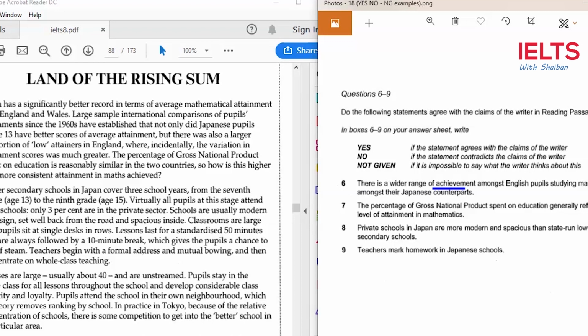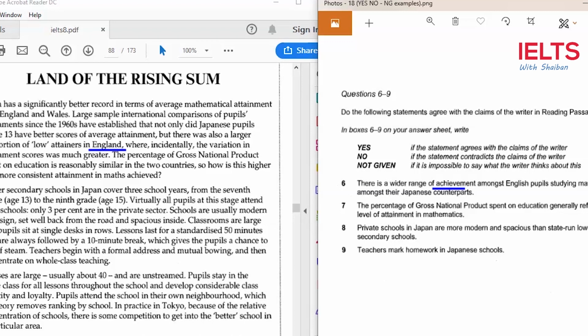Then he talks about this, and he said there is a wider range of achievement amongst English pupils studying math than amongst their Japanese. So here we have Japan and England. So I have this word England here.